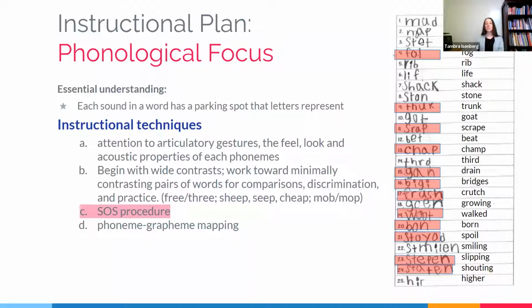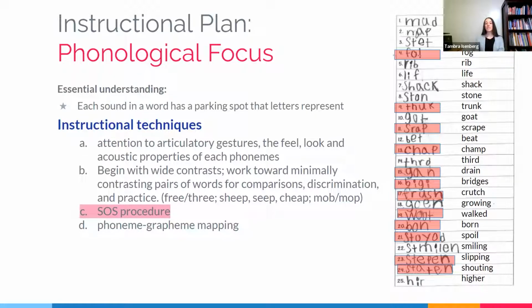So there are some instructional techniques that can help. We want to focus our students' attention on the articulatory gestures. How do the sounds feel and look? What's the airflow involved in the production? We want to be sure that when we introduce new phonemes or spelling patterns, we begin with widely contrasting sounds so that those sounds look and feel different and are not so easily confused.